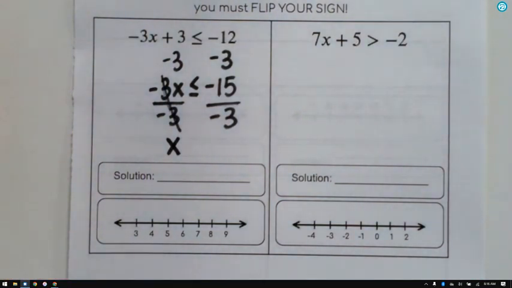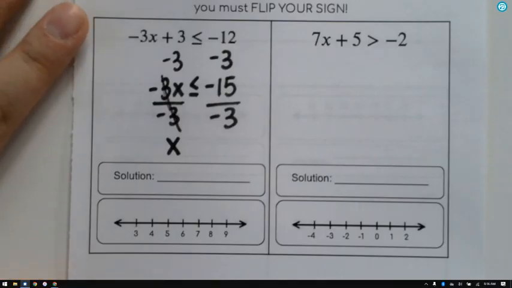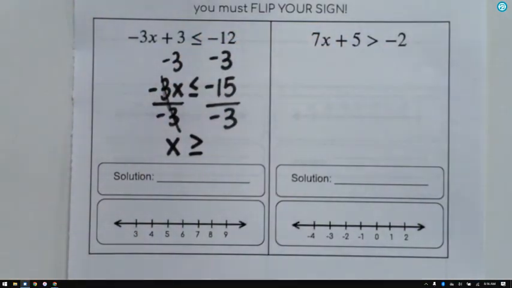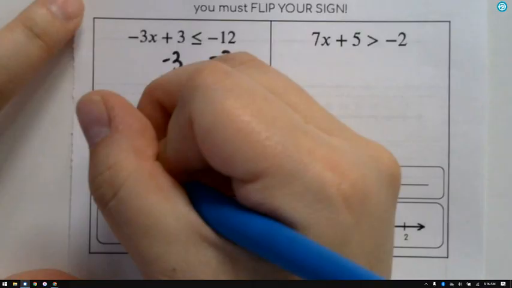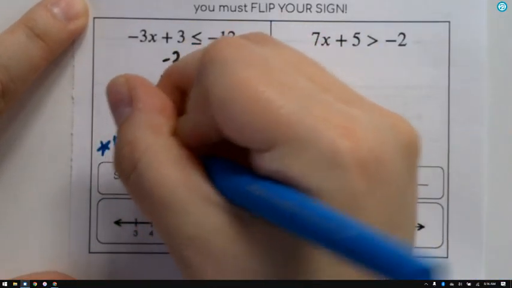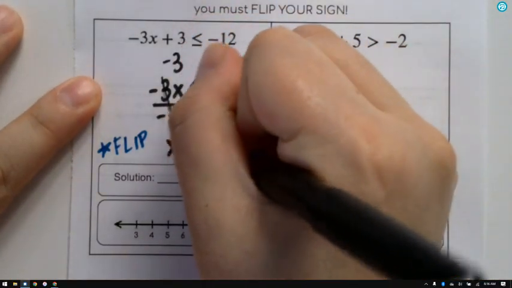For our inequality symbol, because we divided by a negative, we need to remember to flip our sign. So instead of a less than or equal to sign, we now have a greater than or equal to sign. If you need to put a little note to yourself so that when you look back in your notes, you remember you flipped, you can. And then negative 15 divided by negative 3 is positive 5.